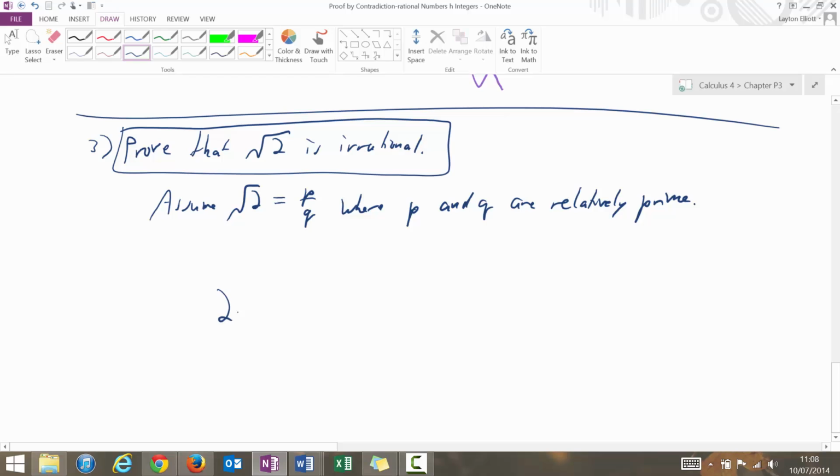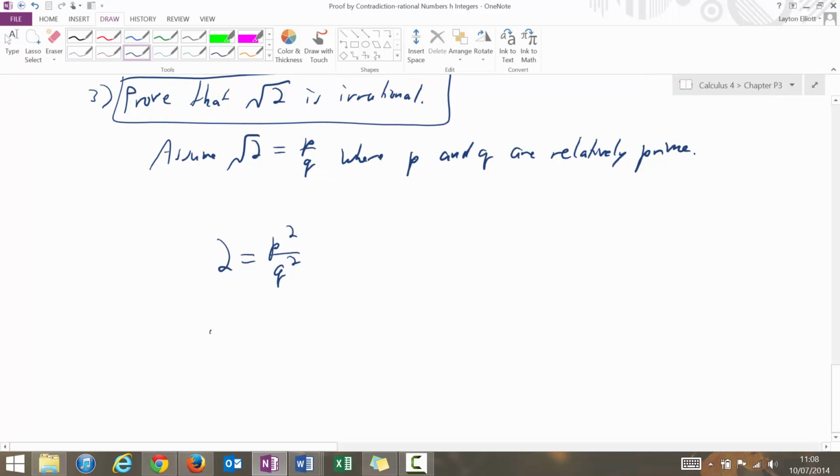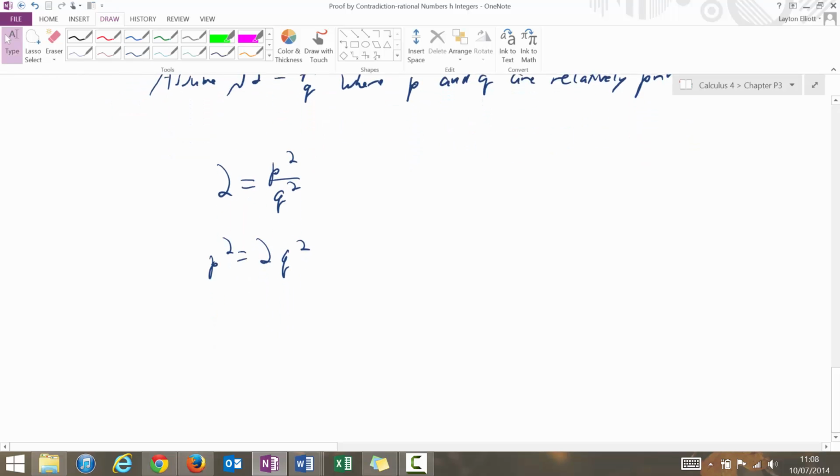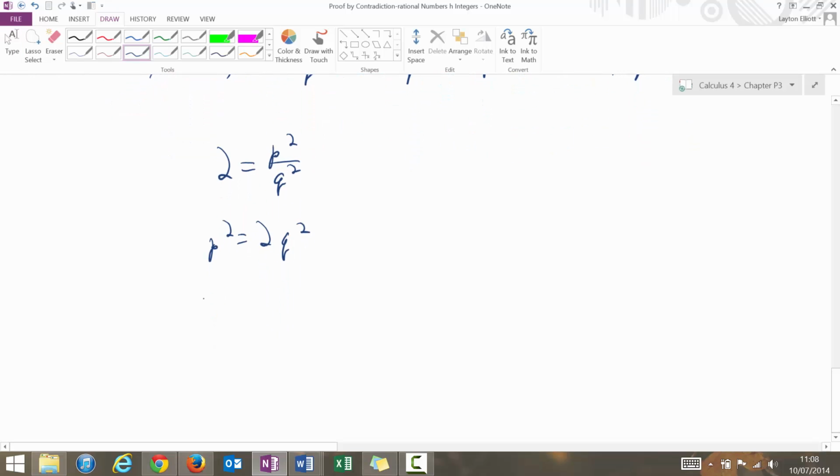And the classic way we go with this is we square both sides, so 2 is equal to p squared over q squared, and then maneuver that into p squared is equal to 2q squared. And then we look like a little back and forth. This is one of my favorite things. Because p squared is equal to 2q squared, this means that p squared is even.